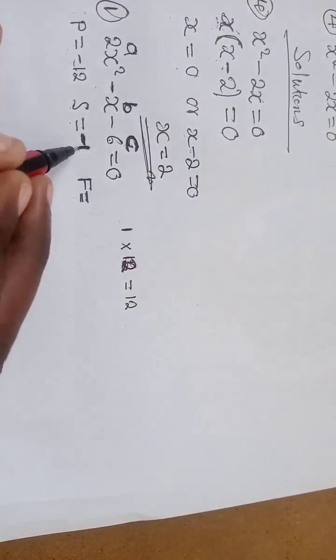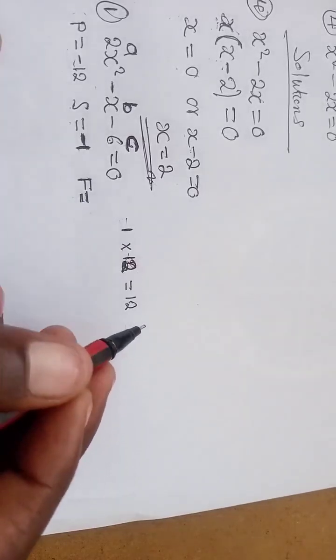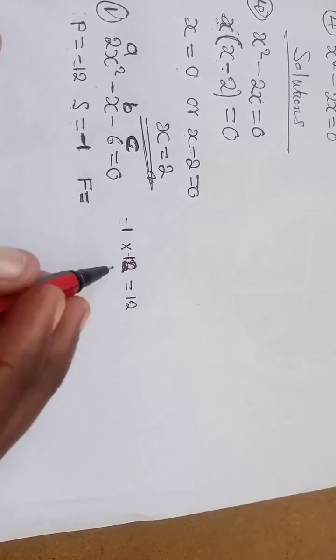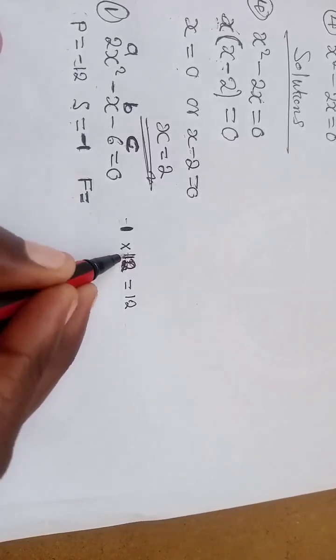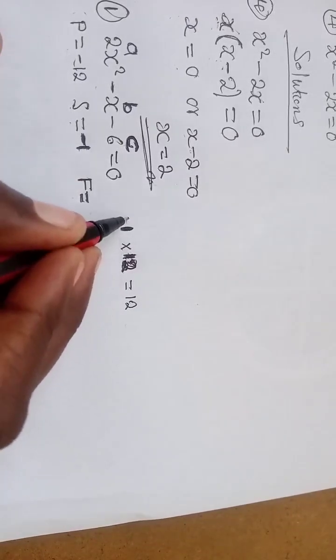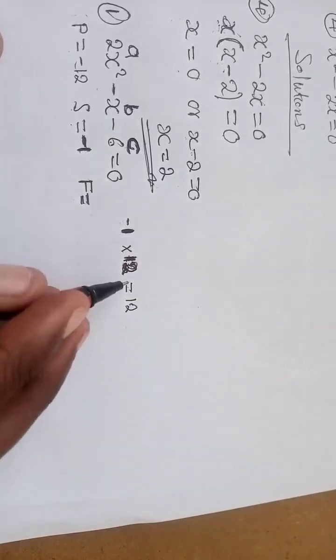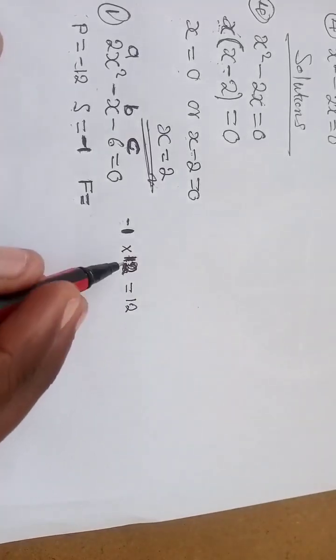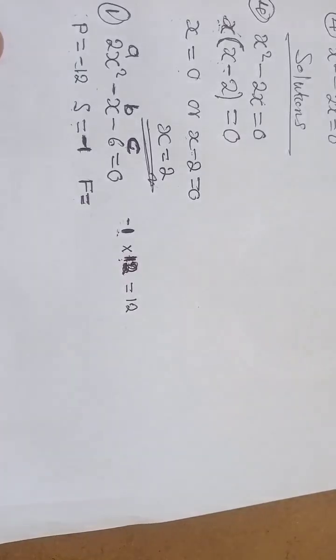No. Either you put a negative this side or this side, it won't give you. So we found that there is 1 and 12, or -1 and 12. When you multiply them, they can give you -12, but when you add these numbers, they won't give you the sum of -1. So try to rethink again.